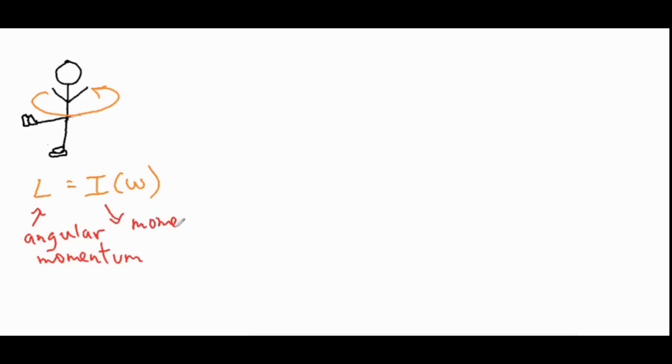And as they're spinning, one would analyze the formula L equals I omega, where L is the angular momentum, the I is the rotational inertia or moment of inertia, either one, and the omega is the angular velocity.